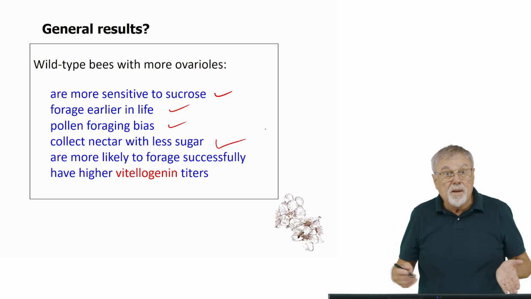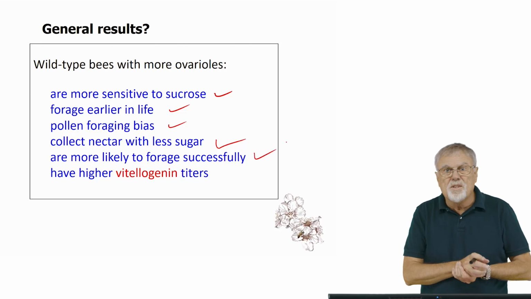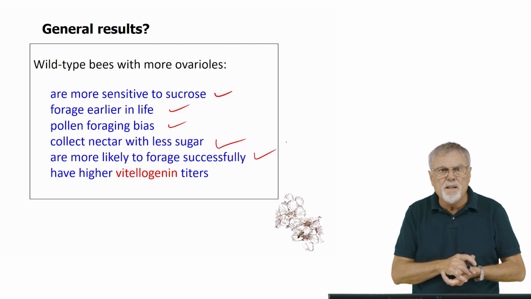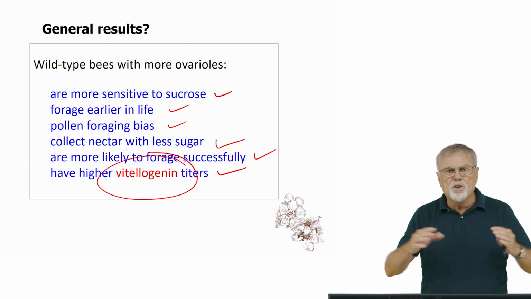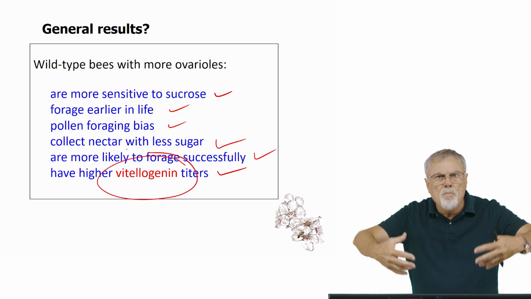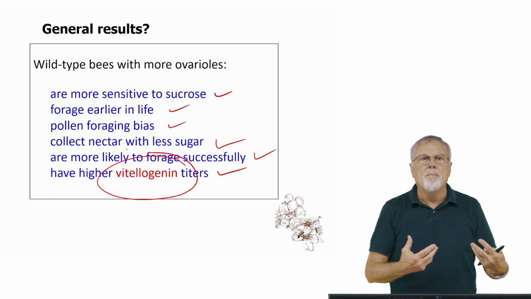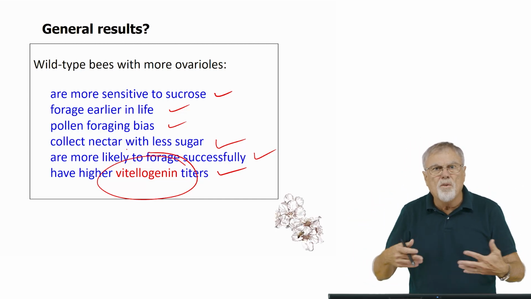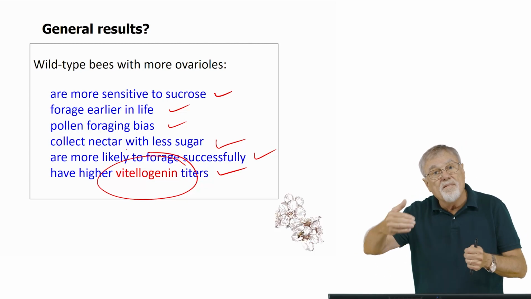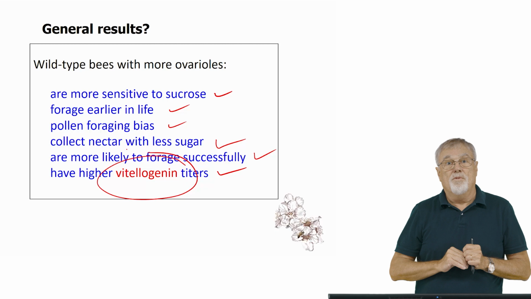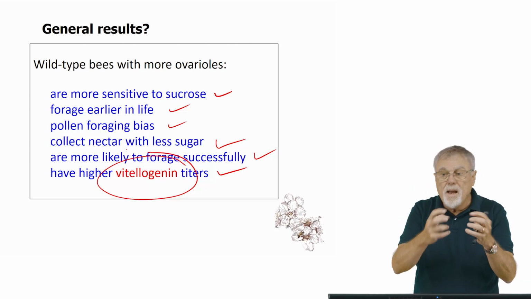That's associated with being more sensitive to sucrose. They're more likely to forage successfully. And they have higher vitellogenin titers floating in their blood. So they're more reproductively activated than those wild-type bees in the same colony that have less activated ovaries. So we've got this connection between ovaries and behavior.